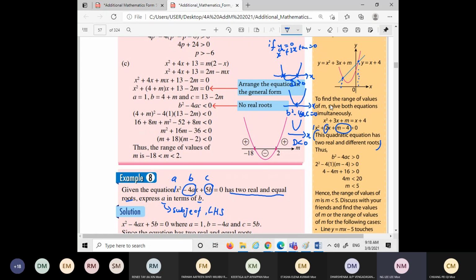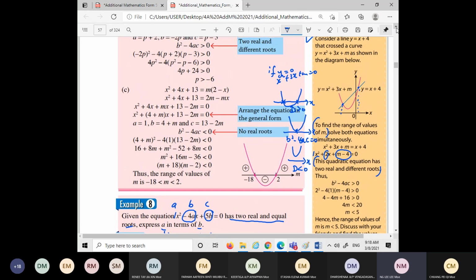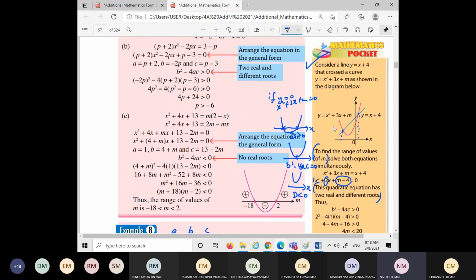So you see, sometimes the question will not tell you what to do. The question just tells you: find the range of the value of m. They just give you this graph. You've got to apply the concept of types of roots to get the answer.